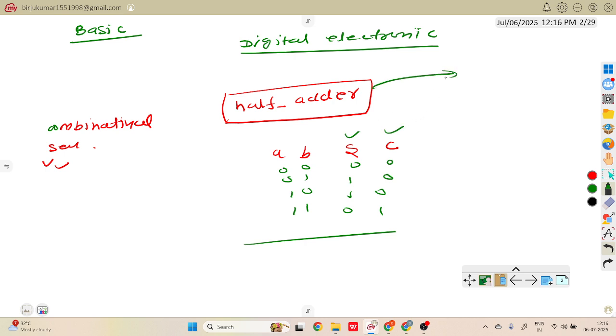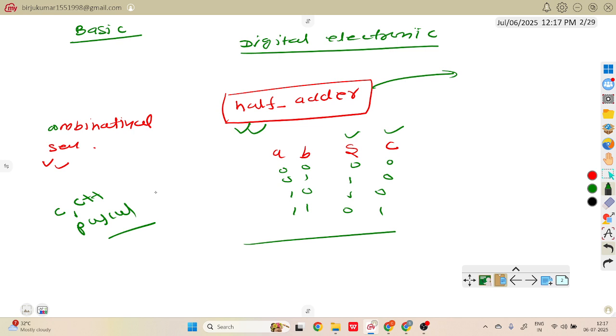Now, earlier, what did digital engineers feel? Is there any special language so that we can implement this half adder as hardware? How can you implement the half adder? You may have a question in your mind, sir, we already have C language, C plus plus, Pascal and so on, so why do we need to go to Verilog HDL?